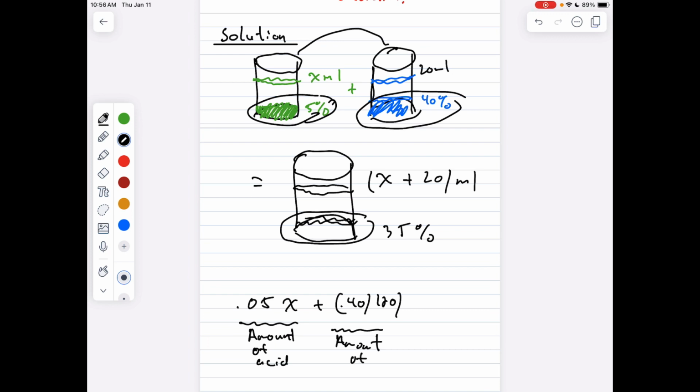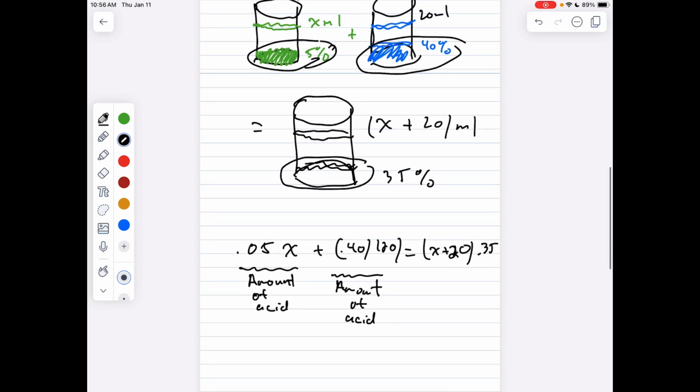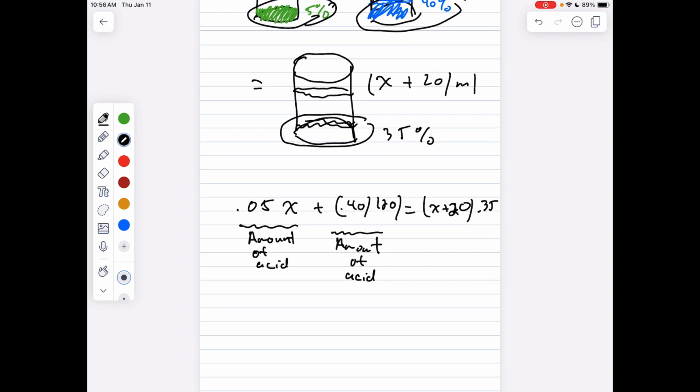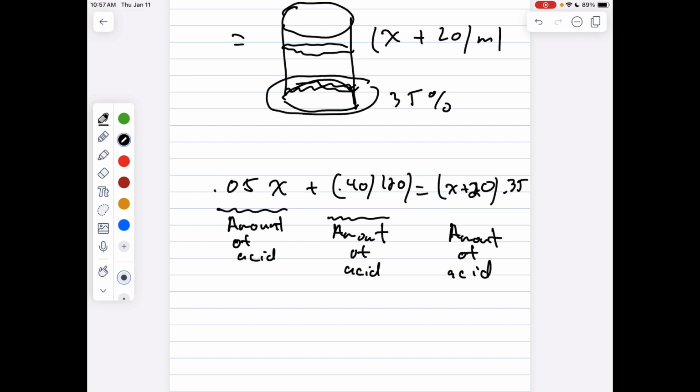So amount of acid. And then this has to equal the amount of acid in your container, which would be 35% of the amount of liquid, x plus 20. So we'd have this equation right here, and often that is the case when you're working with solution problems where you have an acid or some other type of liquid.